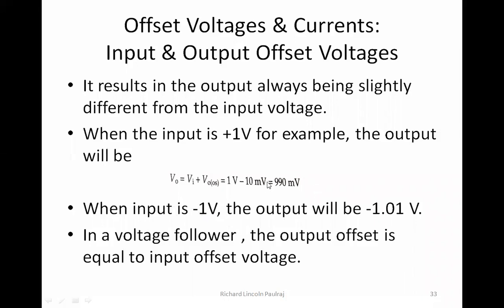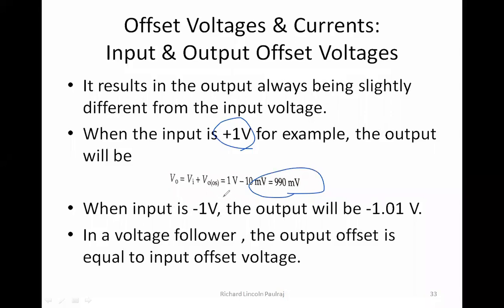Instead of being less, it becomes more. It adds up. So the output is going to be minus 1.01 because it becomes minus of minus. The values don't remain the same. Plus 1 volt here and 990 millivolts are not the same, and it's true for the reverse as well.